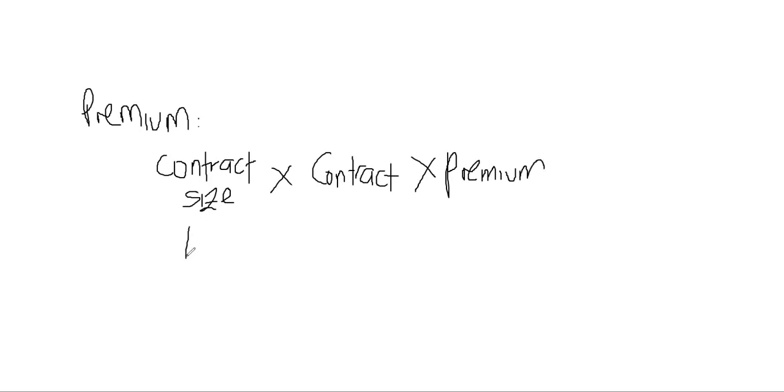So the contract size we know is 125,000, times the contract of 98, times the premium. Give me the number for the premium.